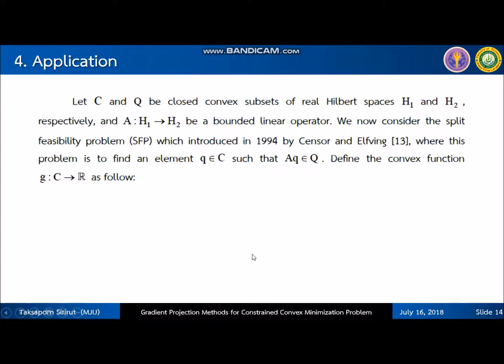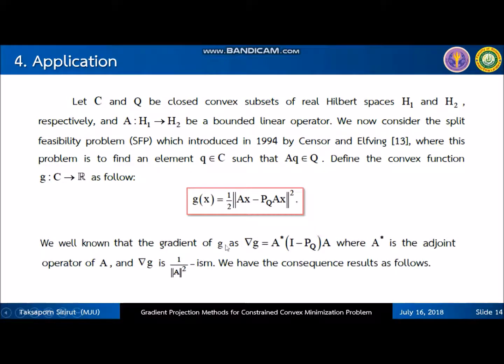Next, the application of my research. We now consider the split feasibility problem, which was introduced in 1994 by Censor and Elfving. Define the convex function g as follows. And we know the gradient of g is the composite of A star, I minus P_Q, and A. And the gradient of g is 1 over norm A squared inverse strongly monotone. We have the consequent results as follows.